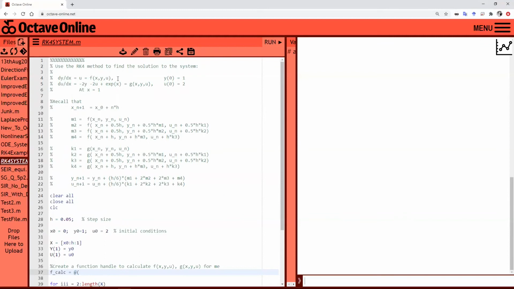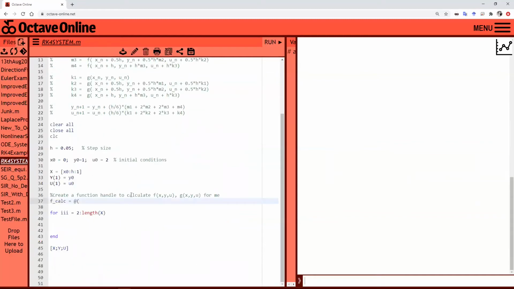In fact, all I have to give for the function f is the value of u. Even though it's a function of 3 variables, in practice it's only a function of 1, because the equation is just f equals u.